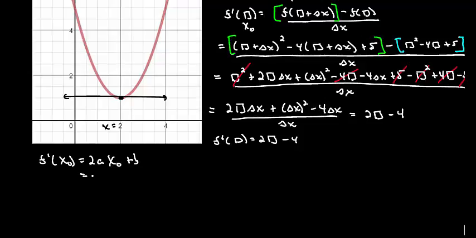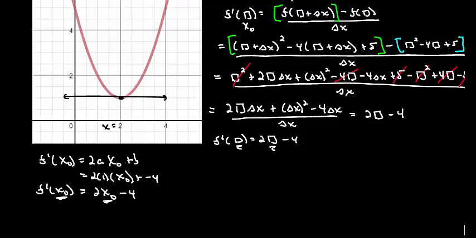Well, my a value is 1, and my b value was negative 4. They're the same guy, right? Whatever I plug in here goes here.